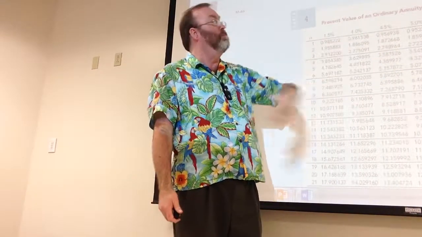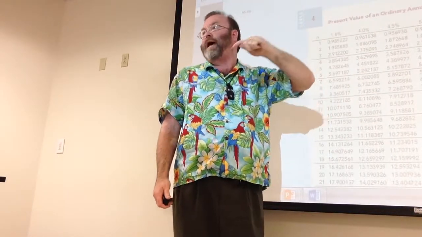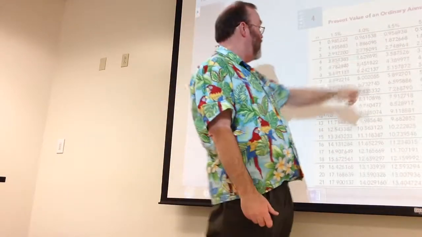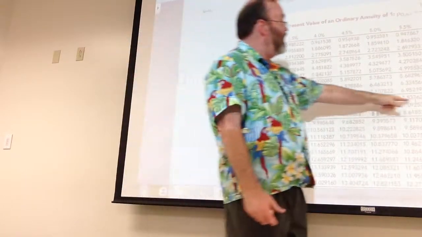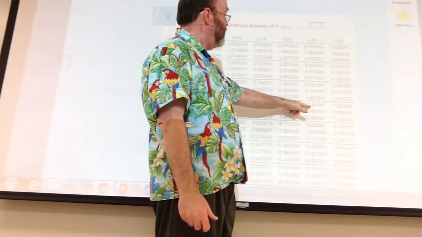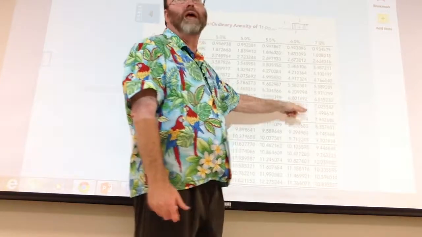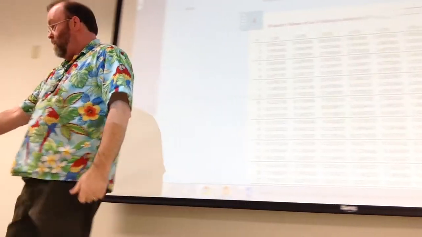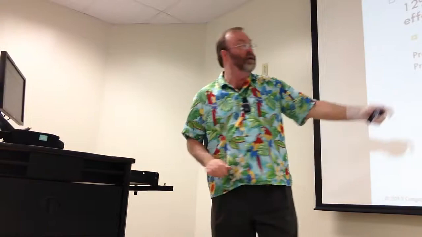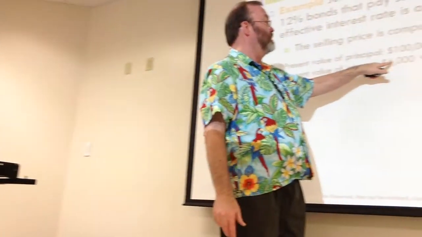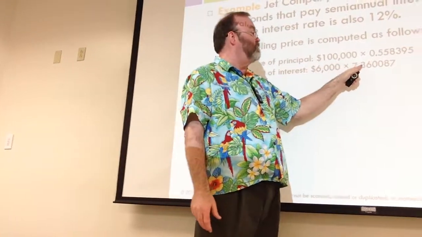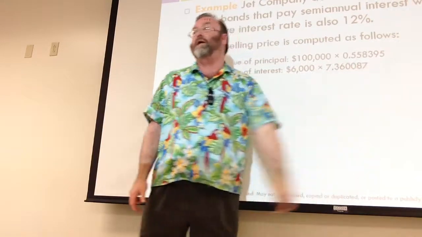So this is a multiple cash flow stream of the same amount over a period of time. Go down to row 10 and you'll get 7.360087. All right? That's this one. $6,000 times 7.360087.